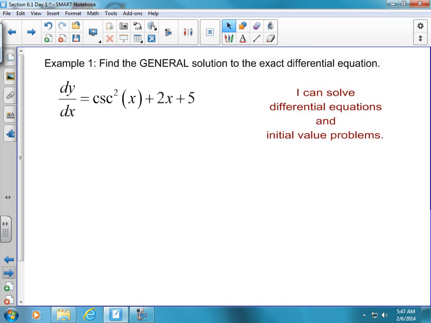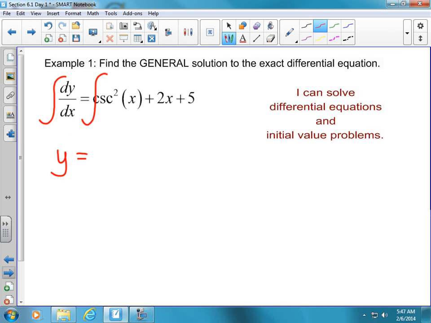So let's do it. Taking the antiderivative of both sides looks like that. Just put a little integral sign. Anyway, y equals, when you take the antiderivative of dy dx, you just get a y.